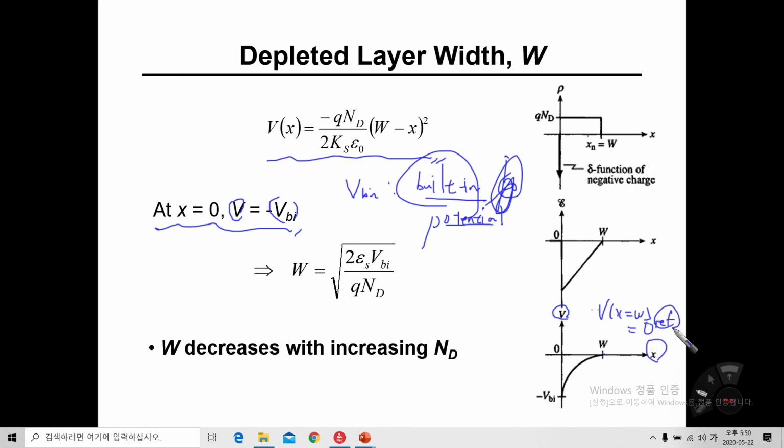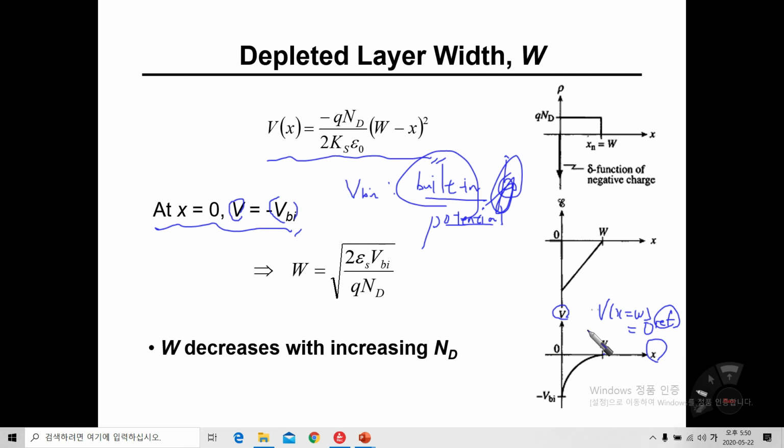I have decided to use 0 as the reference value at x of W, at the edge of the depletion layer. Then at x of 0, at the interface of the MS contact, a certain non-zero potential value should be there. How to define it? Yes, built-in potential. So we can use the built-in potential.